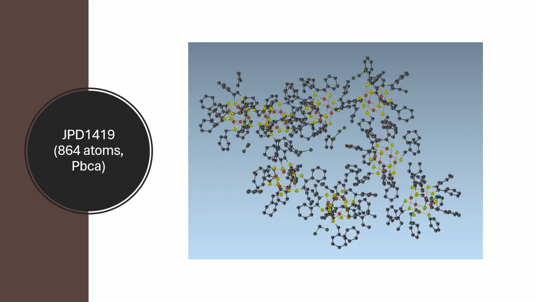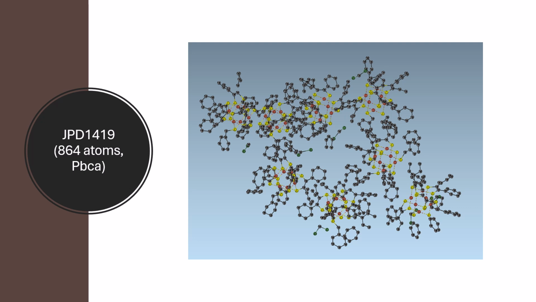Now, this is an example also solved by the aR1 method, and there are 864 atoms. Here, black are carbon, orange are nickel, yellow are sulfur. So, in this model, there are some heavy atoms.